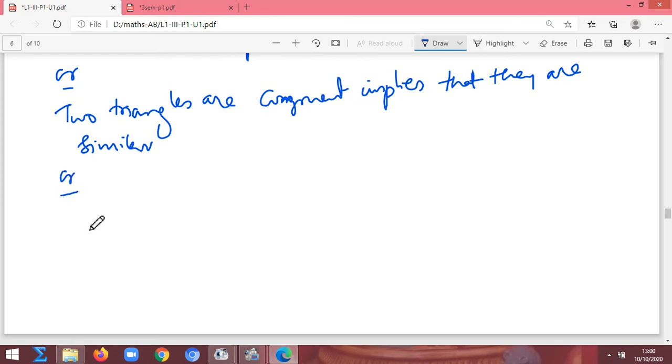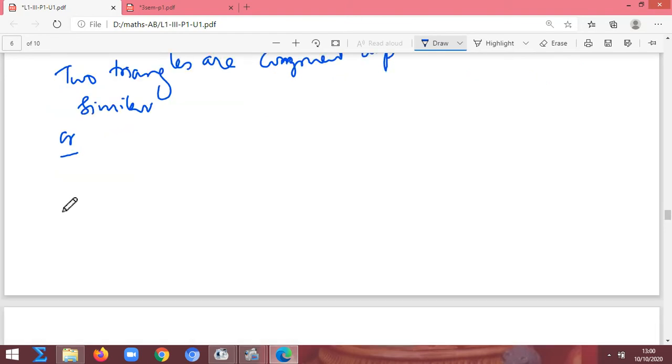Another way we have: two triangles are congruent if they are similar.